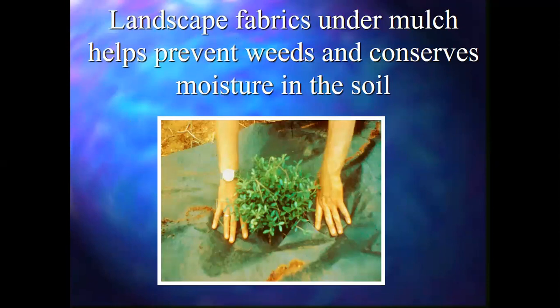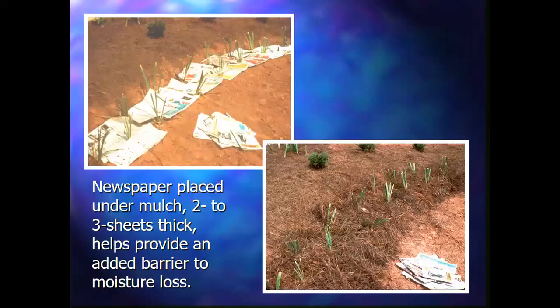Landscape fabrics, like we talked about earlier, help prevent weeds and conserve moisture in the soil, and allow for air and water infiltration, which is very helpful, as opposed to the plastics, which inhibit air and water infiltration and can keep the soil excessively moist, leading to root rot.